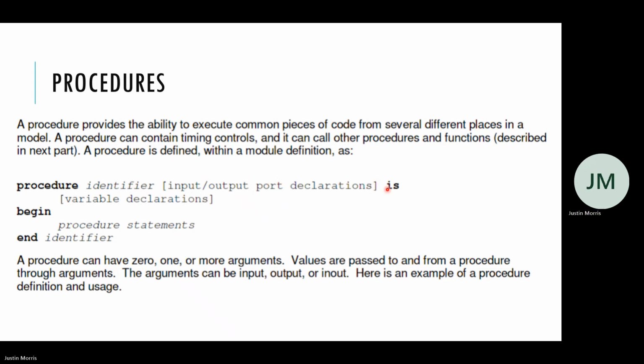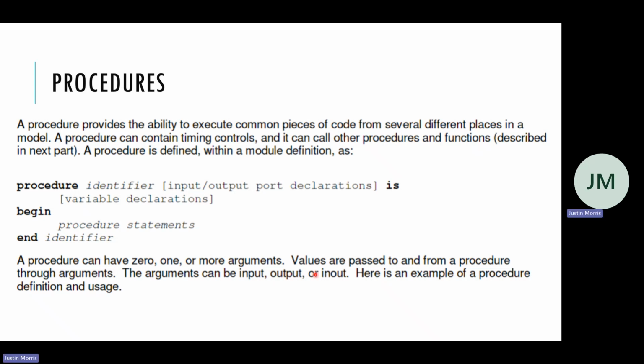And then you have any variable declarations and your procedure statements, and then you have end. And the procedure can have 0, 1, or more arguments. And the values are passed through the arguments. And your arguments can be input, output, or in-out.